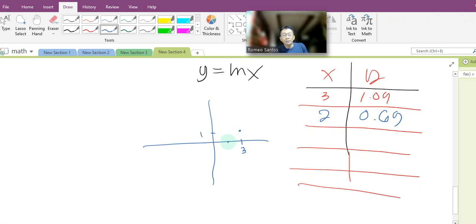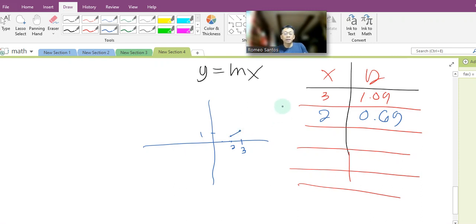When x is 2, y is 0.69, which is less than 1, somewhere here. That pattern gives you the curve.